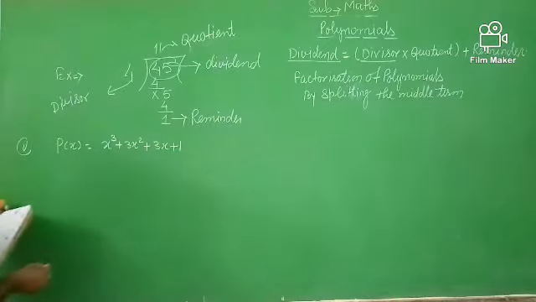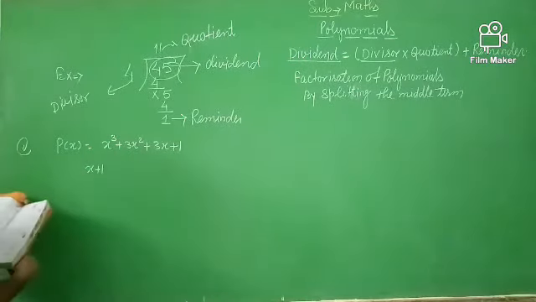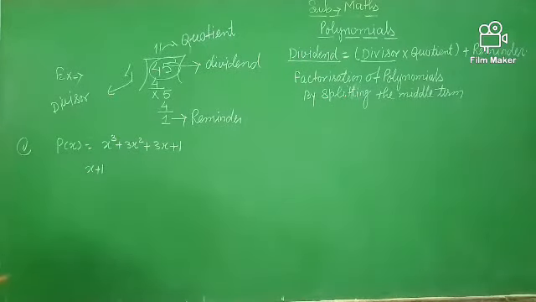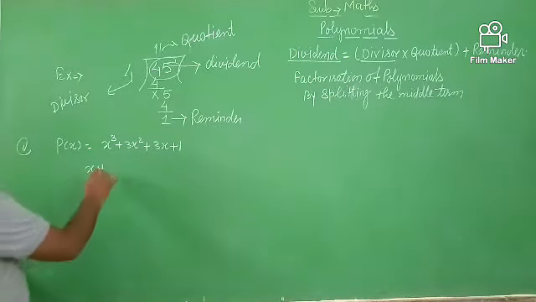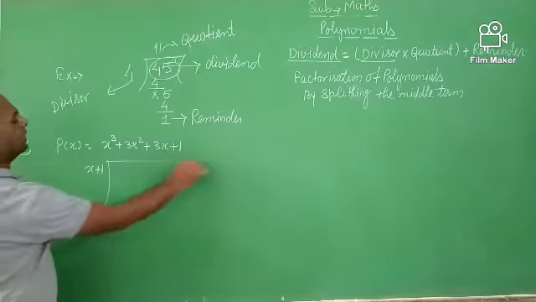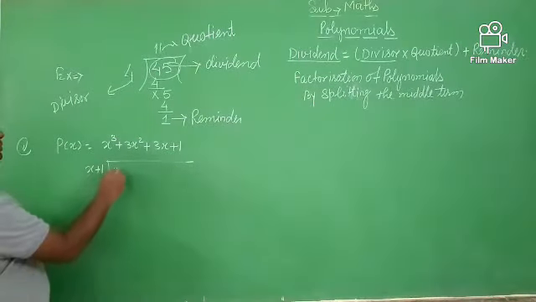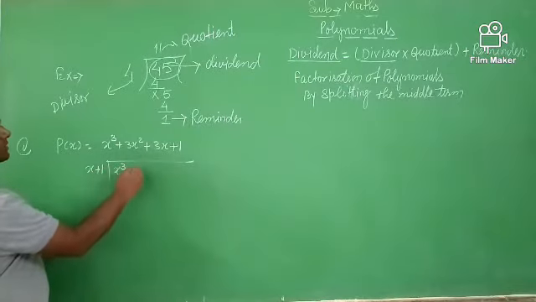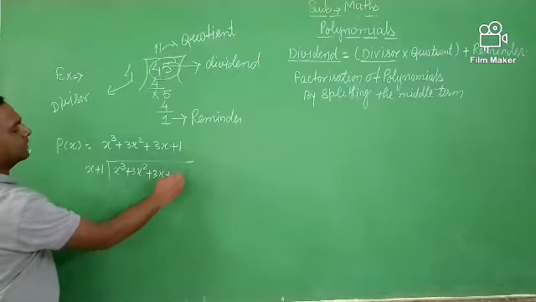You divide by x plus 1. If you divide by this polynomial x plus 1, how can you find the result? So you divide x cube plus 3x square plus 3x plus 1 by x plus 1. Okay.